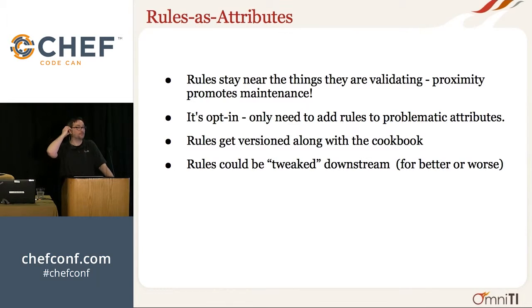Yeah, what's up? Do you have to put the validation recipe in your run list, or can you put it directly in your recipe? You can implement it in your recipe if you want.